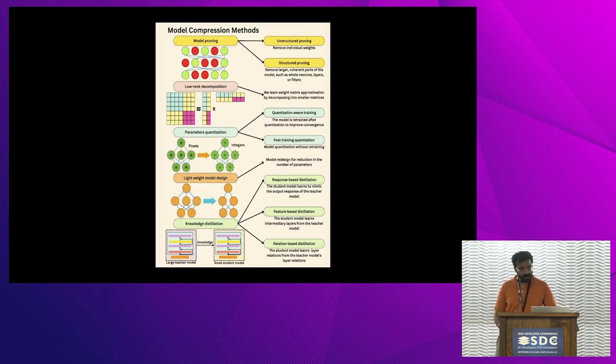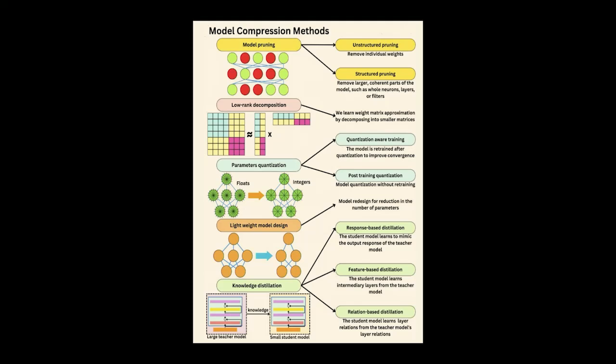So this is to summarize the different techniques. You have pruning, quantization, and the one that I did not cover is knowledge distillation. Pruning itself has unstructured pruning and structured pruning. Quantization has quantization-aware training and post-training quantization. And knowledge distillation, which is an entire big topic in itself, is effectively the idea that you have a huge model.